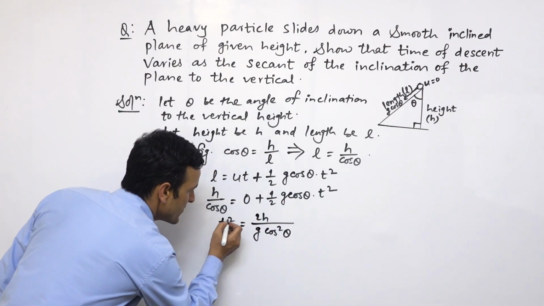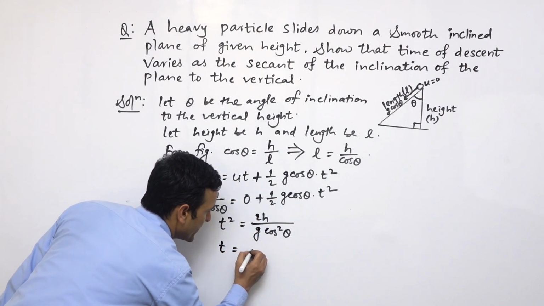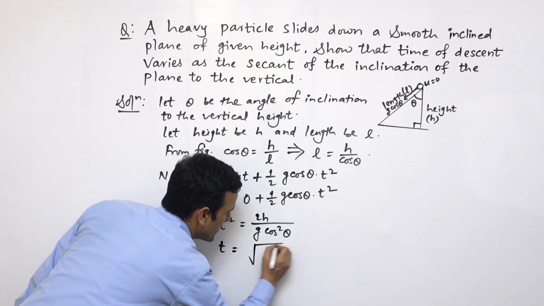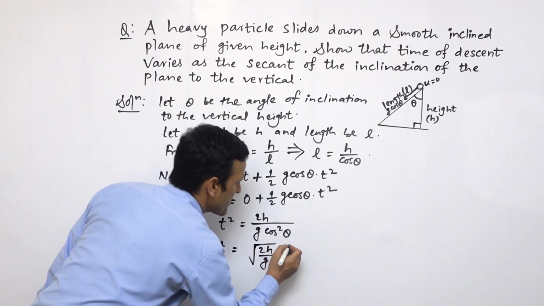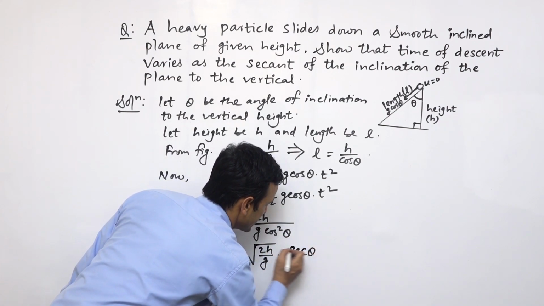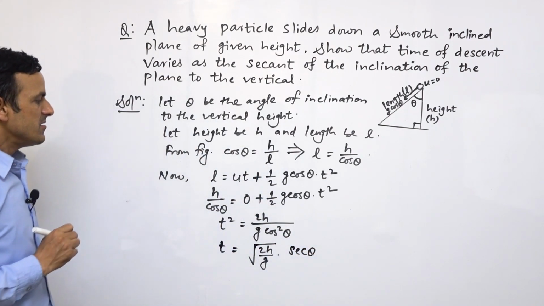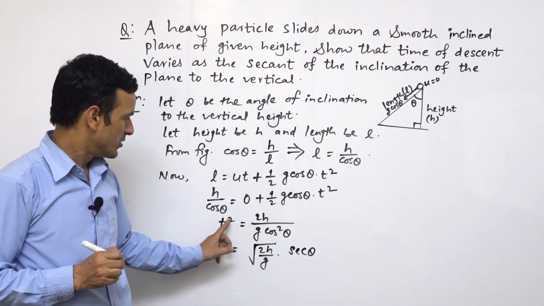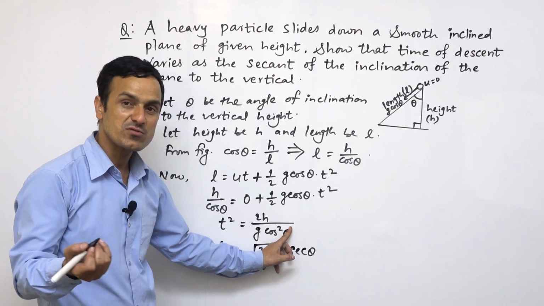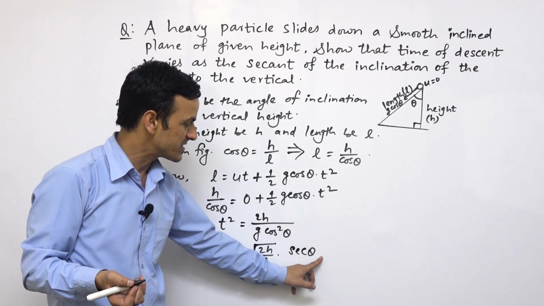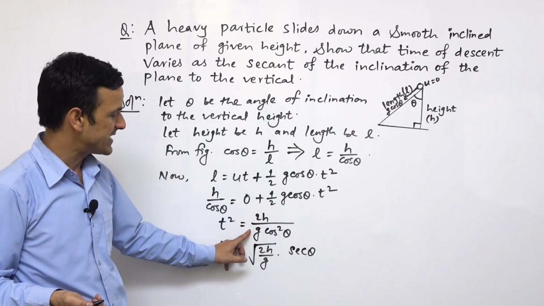So if you find the value of t, then root under 2h upon g, and 1 upon cos means it is sec. When the square is removed, the root appears, and under the root cos square theta becomes cos, and 1 by cos is sec. This term stays inside the square root with 2h by g.